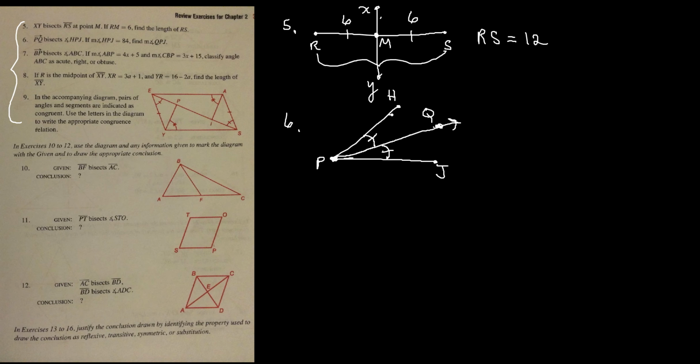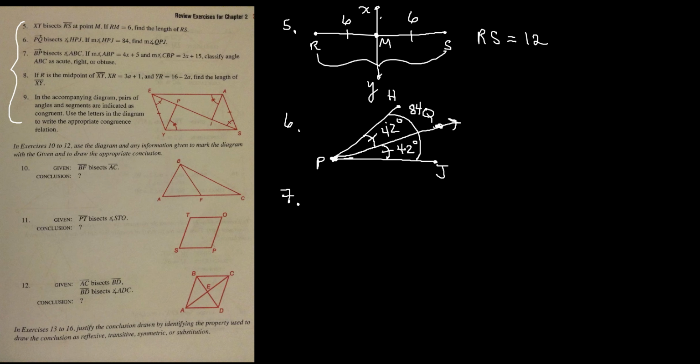Well, if the whole thing is 84, and PQ bisects it, it's going to divide it in half, which means this one is 42 and this angle is 42. So they're both going to be 42 degrees.